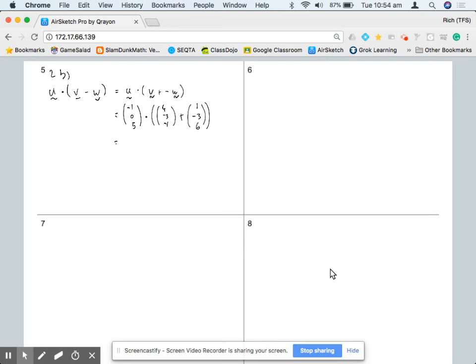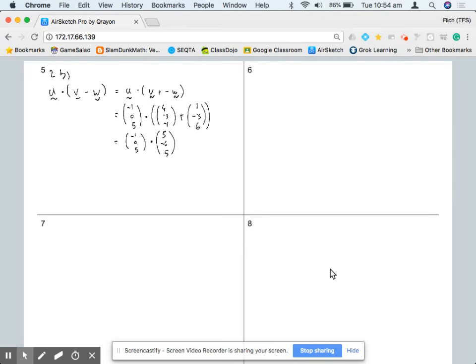I'm now going to just work out the brackets, really, rather than use the distributive law. I think that would be pretty ugly to use. So you've got negative 1, 0, 5 is the u vector, dot product with 4 plus 1 is 5, and then minus 3 plus minus 3 is minus 6, and negative 1 plus 6 is 5.